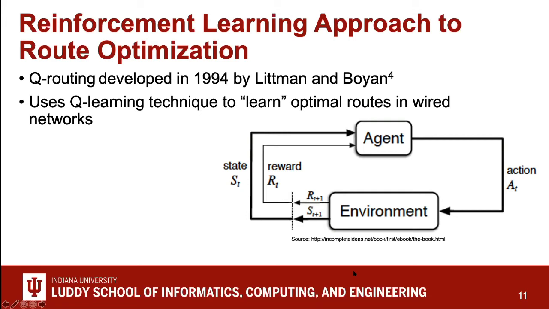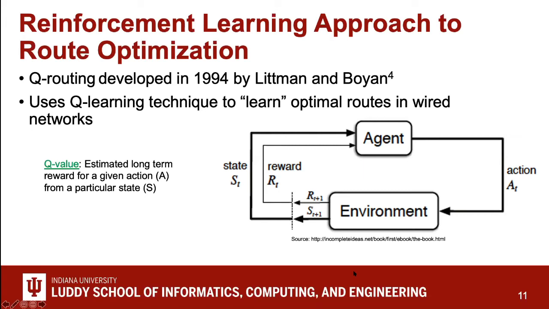You have an agent. In our case, that agent is going to be the node, and it has to take some sort of action in the environment. Once it takes that action, it gets some sort of reward signal back, and then it transitions to a new state. So this loop iterates continuously as new actions are taken in this paradigm.